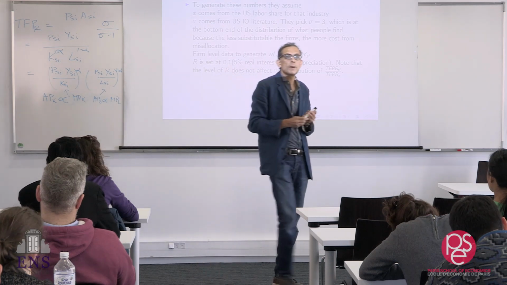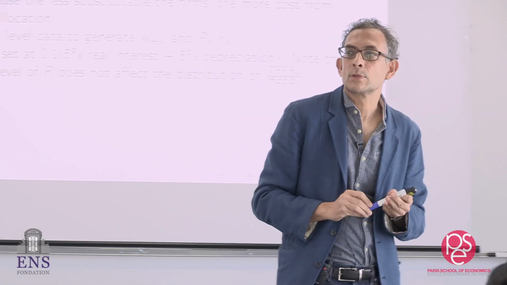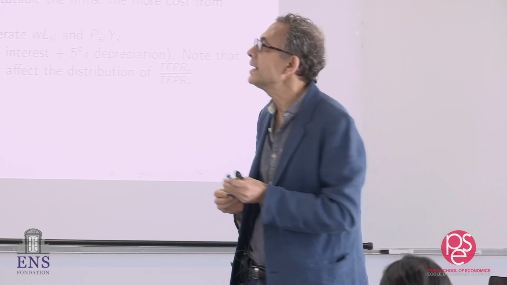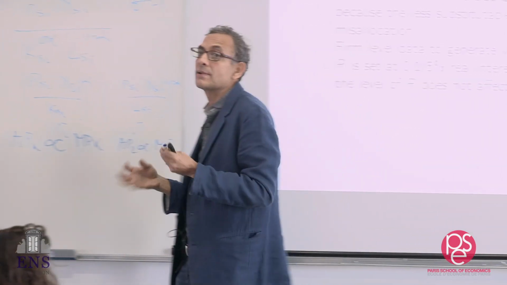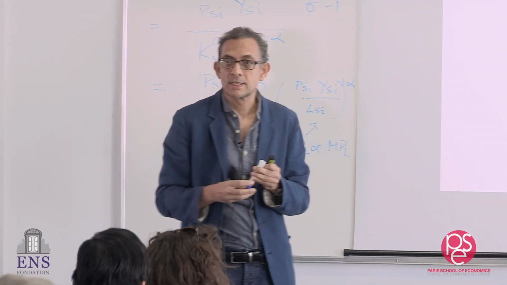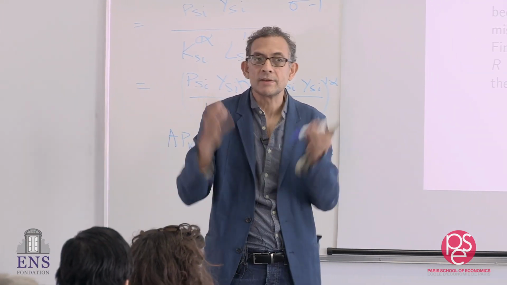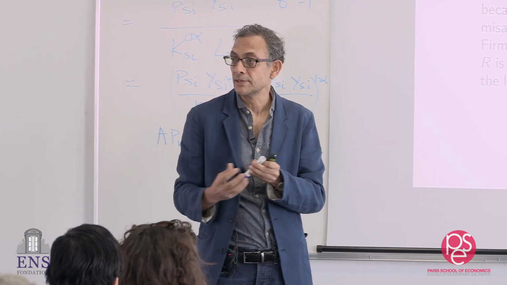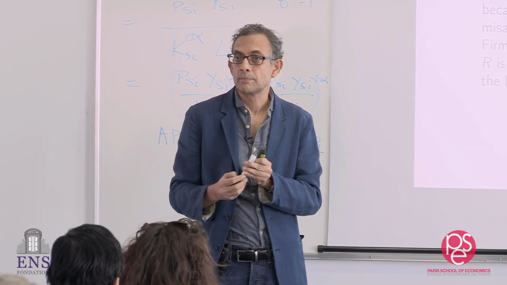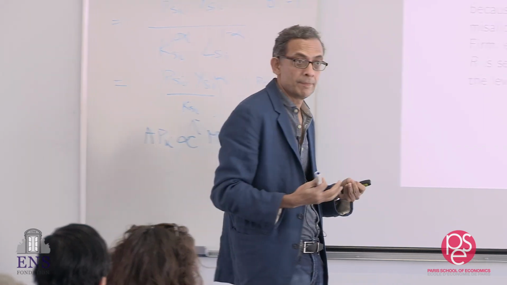Why do they choose a low number? I'll try to explain in a minute why. Having a low number typically biases against their finding. They don't really have the numbers. They're kind of guessing, but the way they do it is they choose a number that's conservative. So they want to choose a number that works against them.